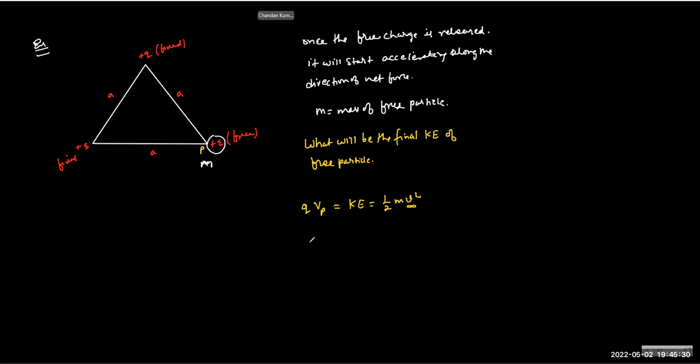So this is q into, and this will become kq by a, 2 times, equal to half mv square. So all right, v square is 2 times 4 kq square by ma. So we can find v equals to.